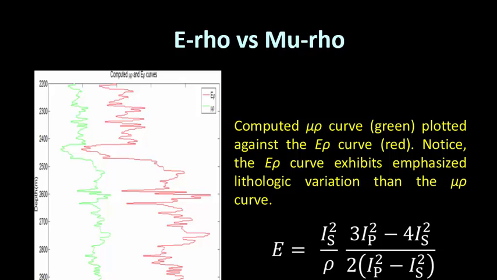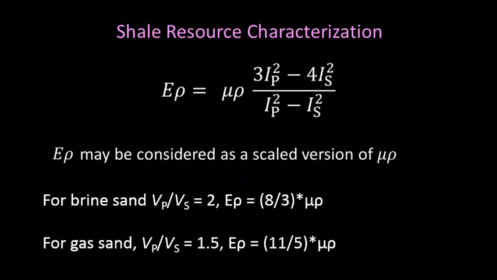And so you know that E-rho is Mu-rho times this factor. And if you substitute Vp by Vs equal to 2, you get E-rho equal to 8/3 times Mu-rho. So it's a scalar. Similarly, if you have a gas sand, the Vp/Vs is 1.5, E-rho is again 11/5 times Mu-rho. So again, it's a scale. You can substitute any value for Vp/Vs, and it is going to come out like that.